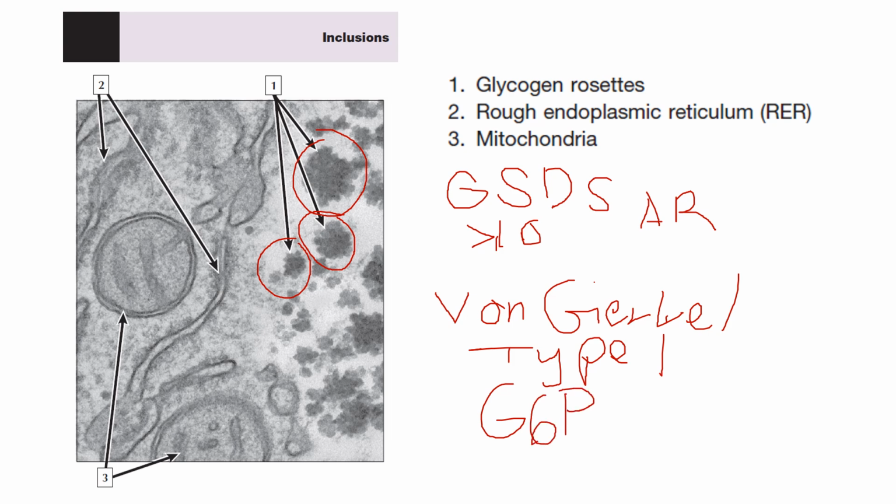Glucose-6-phosphatase deficiency leads to an abnormal accumulation of glycogen in muscle and liver cells, which causes clinically significant end organ disease and morbidity.